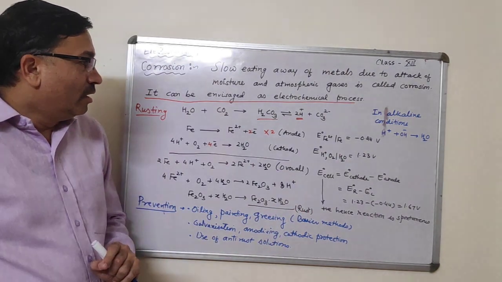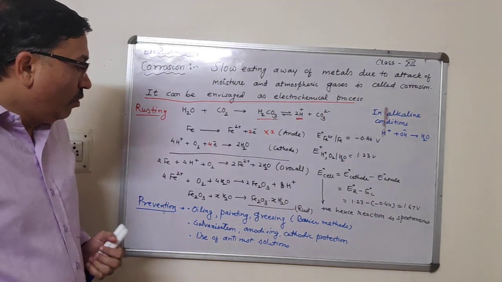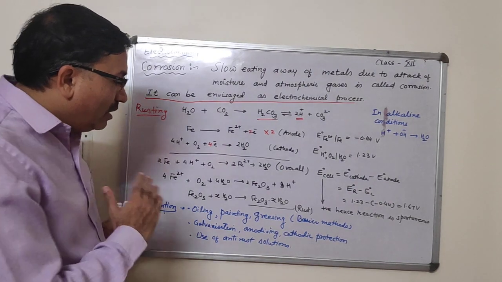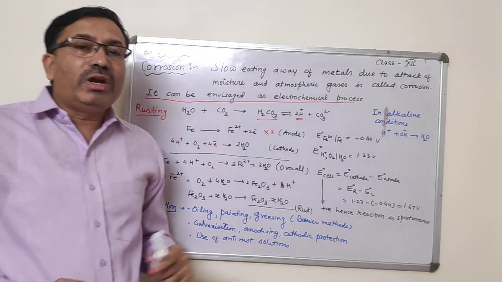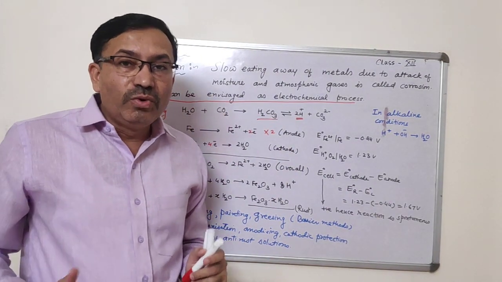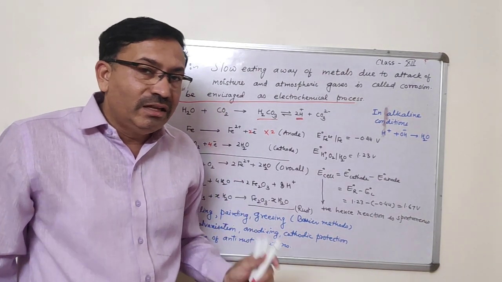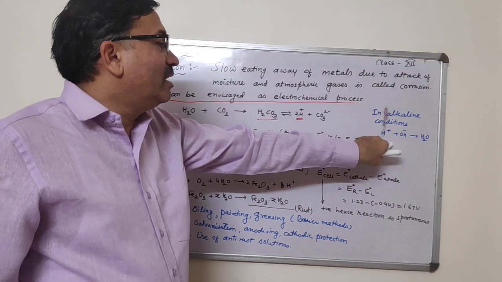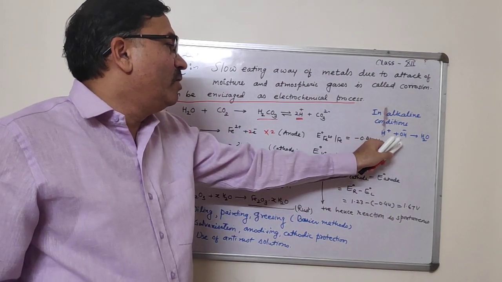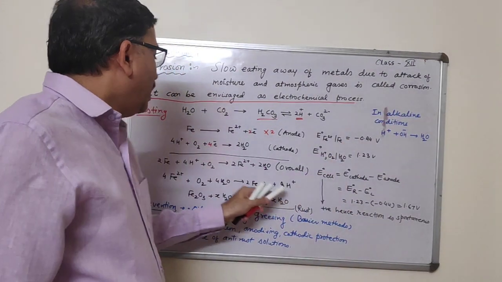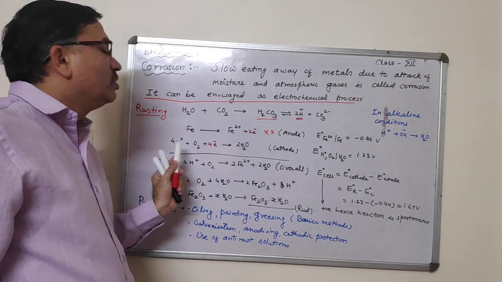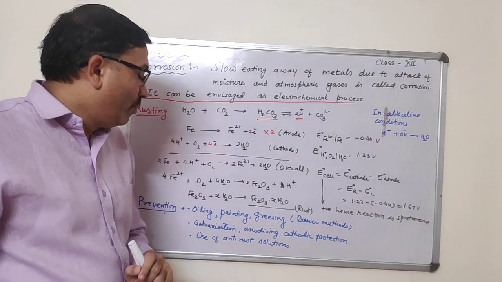As I told you, if we provide an alkaline medium, whatever anti-rust solutions are spread, they essentially contain bases. In alkaline conditions, the H plus ion will be neutralized by OH minus ion and there is no further reaction, because the cathode is not there and the reaction will not be completed.